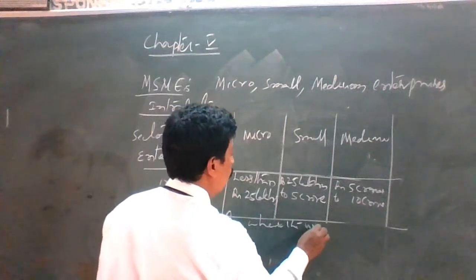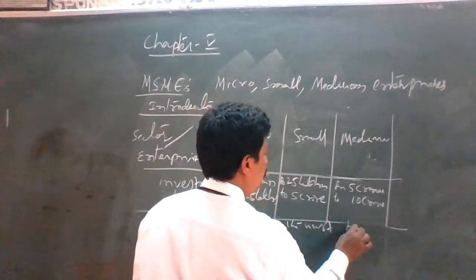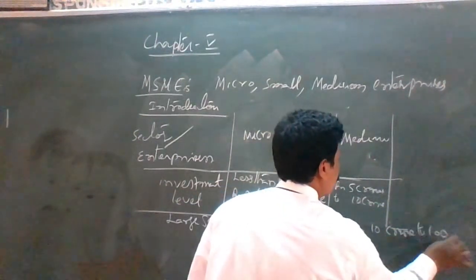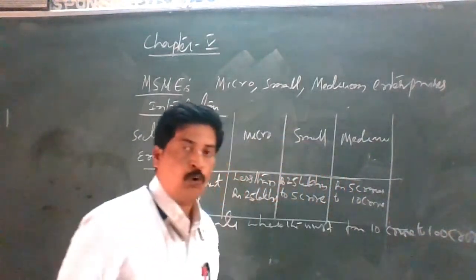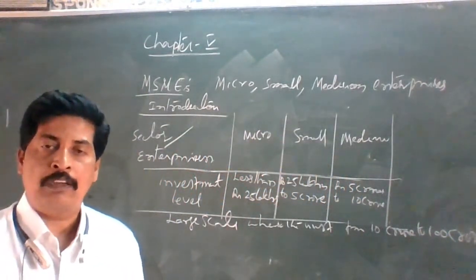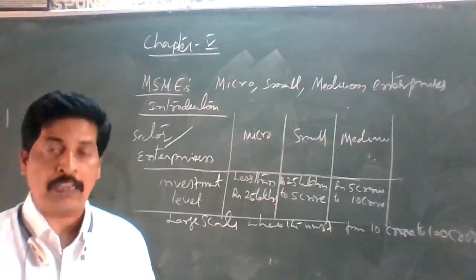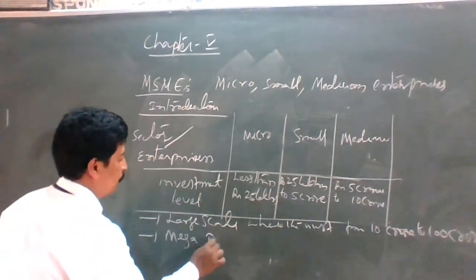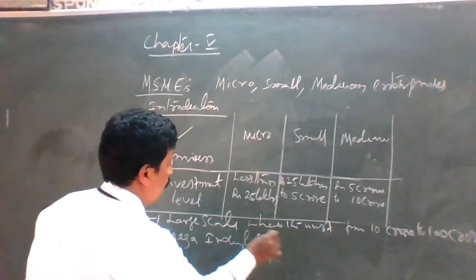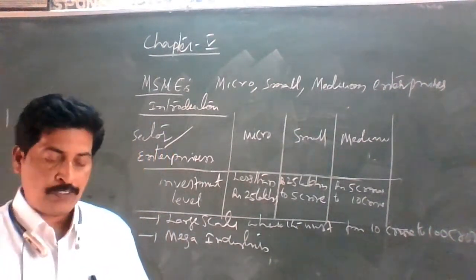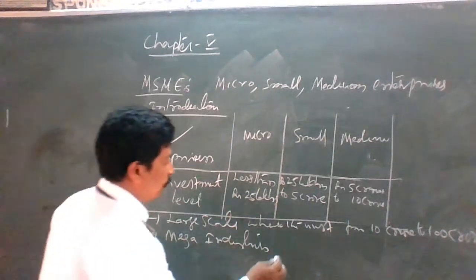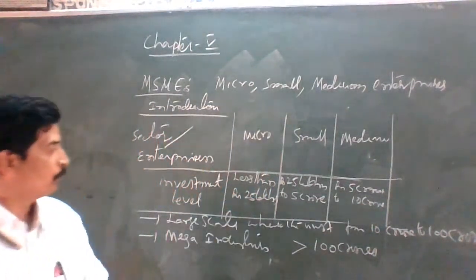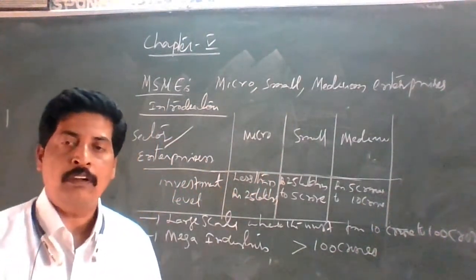Whereas for mega industries, the investment will be more than 100 crores.